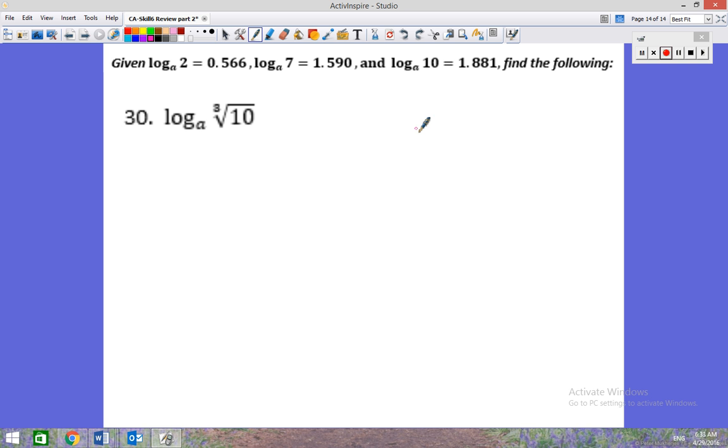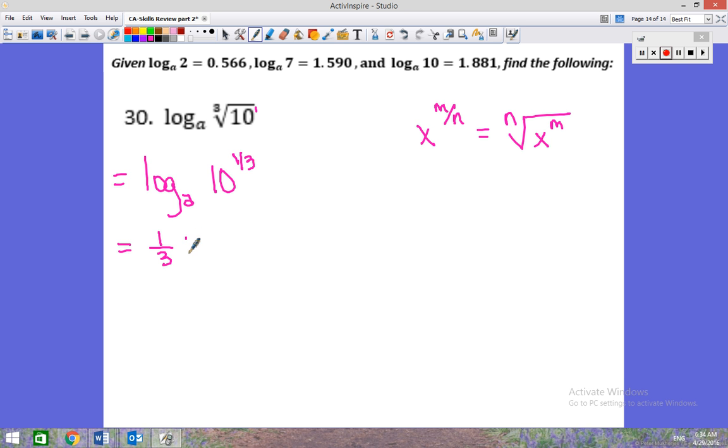Remember that we can rewrite rational exponents in radical form like this. All right, so I know this is log base A of 10 raised to the 1/3 power. By the power rule, that 1/3 comes out in front as multiplication.